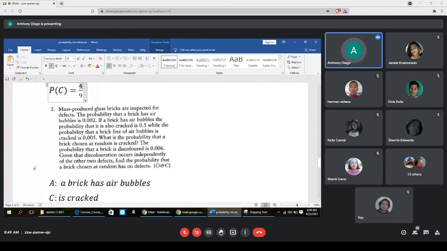It said here that the probability that a brick is discolored is 0.006. Given that discoloration occurs independently of the other two defects, find the probability that a brick chosen at random has no defect. So no defect meaning then that it doesn't have any air bubbles, it isn't cracked, and it isn't discolored.